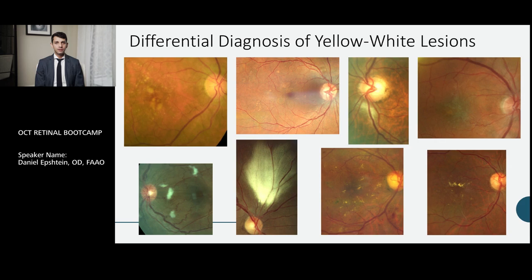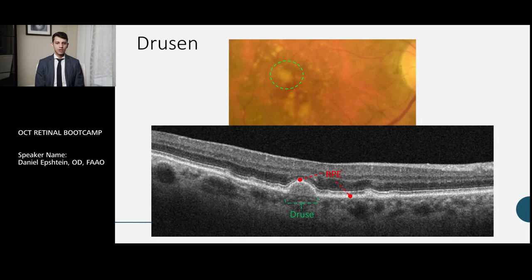With OCT, you'll always be able to diagnose these lesions with 100% certainty because they're in completely different layers of the retina. Drusen, for example, are going to be in the outer retina under the RPE. So you can see that the druse itself is a hyperreflective area underneath the RPE and it's pushing the RPE up.